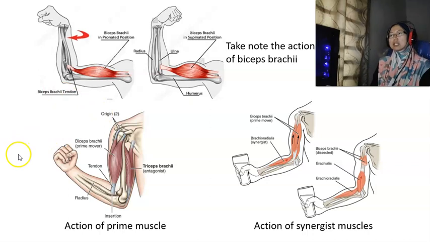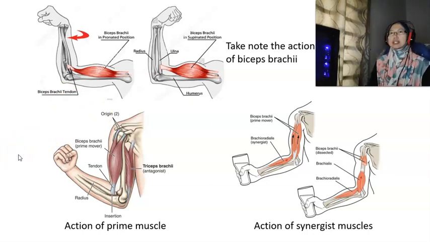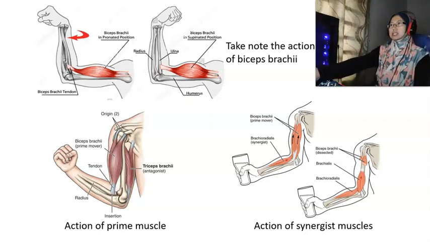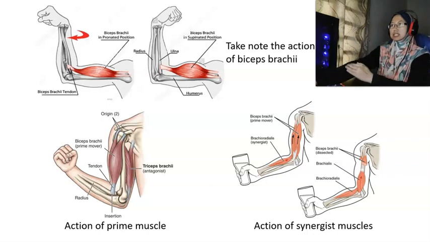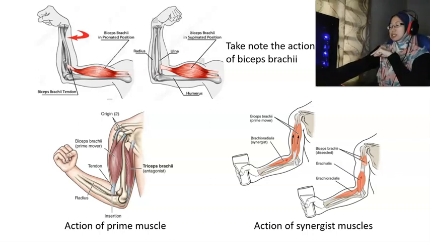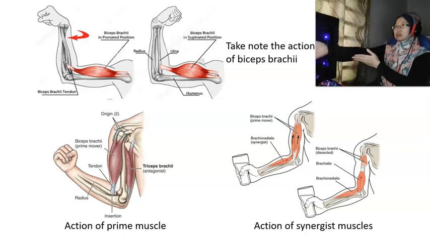Okay, slowly, boleh nampak tak? Now, wait. I hope you can see, sini origin, sini insertion. Like I said before this, yang insertion dekat radial tuberosity kan, sini radius, lateral.